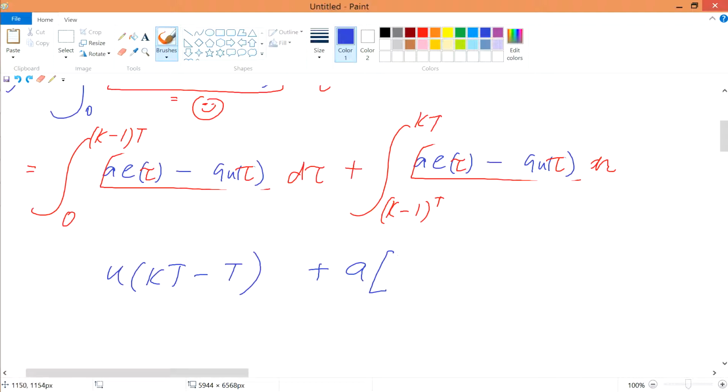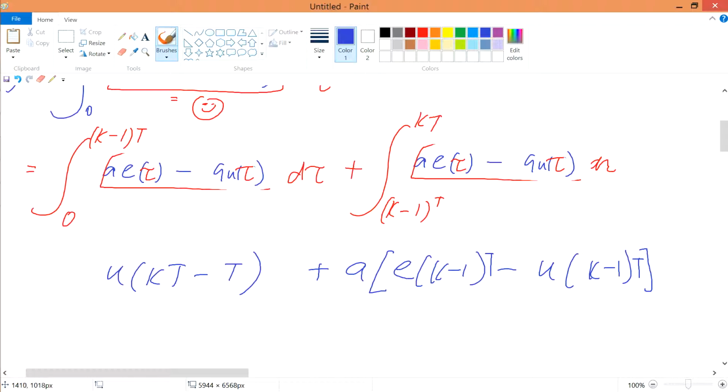So over here, I'll just write it as A e^((k minus 1) minus) u((k minus 1)t), and then do I need t? I think I need t. This is t, this is t. So therefore this is the case.